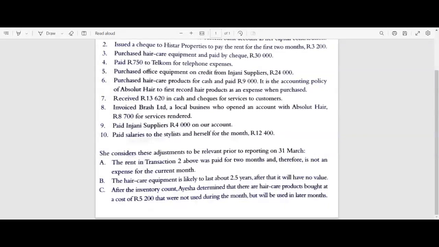So now it means that that liability, that credit balance, needs to decrease. So, ladies and gentlemen, if a liability decreases, on which side does it decrease? The debit side or the credit side? Debit side. Thank you, Nati. Thank you, Logan. There we go. It's going to decrease on the debit side.